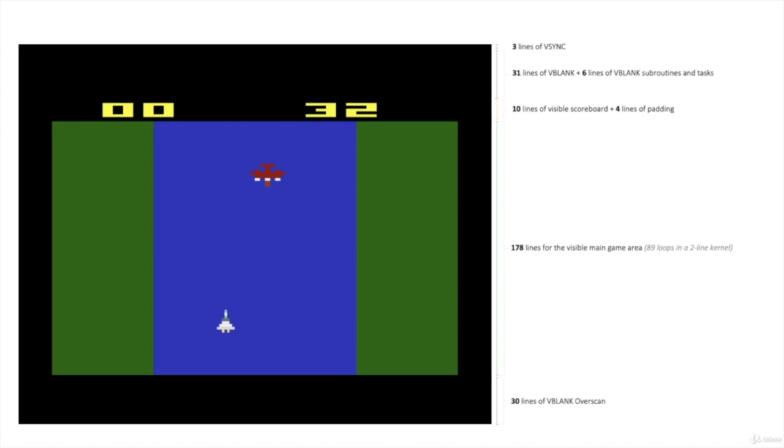And our 192 visible scan lines are broken into 14 lines for the scoreboard, 178 lines for the visible game area in our 2-line kernel, and our 30 lines of recommended overscan. And that's it for our scanline analysis.